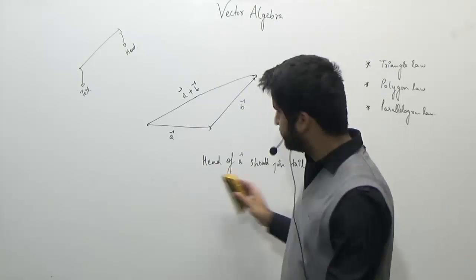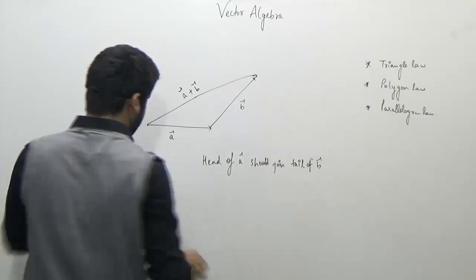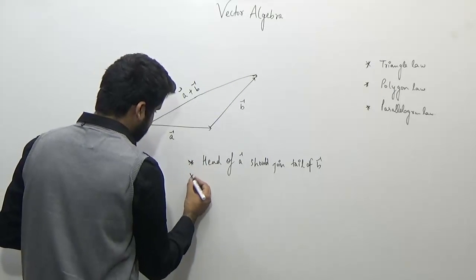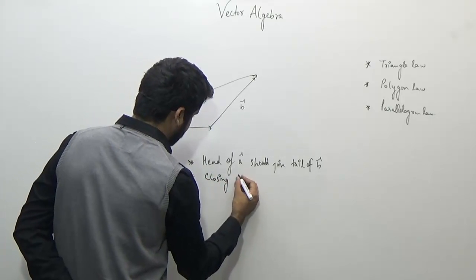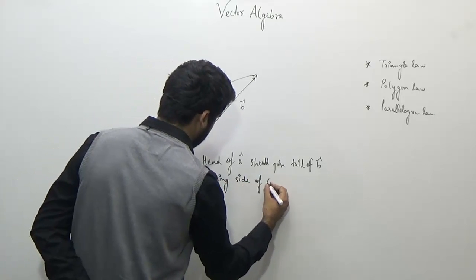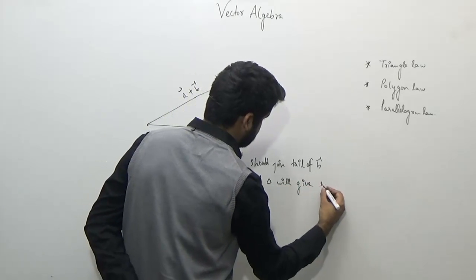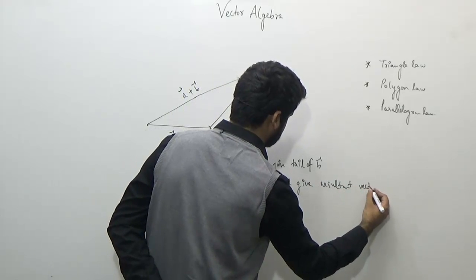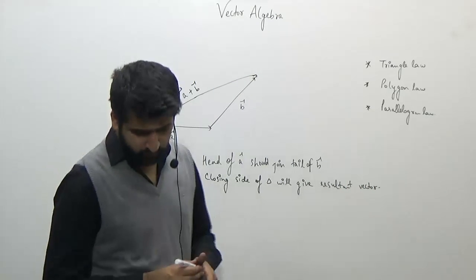You can write the statement: first, the head of A vector should join the tail of B vector, and second, the closing side of the triangle will give the resultant vector. These are the two important things you need to remember.